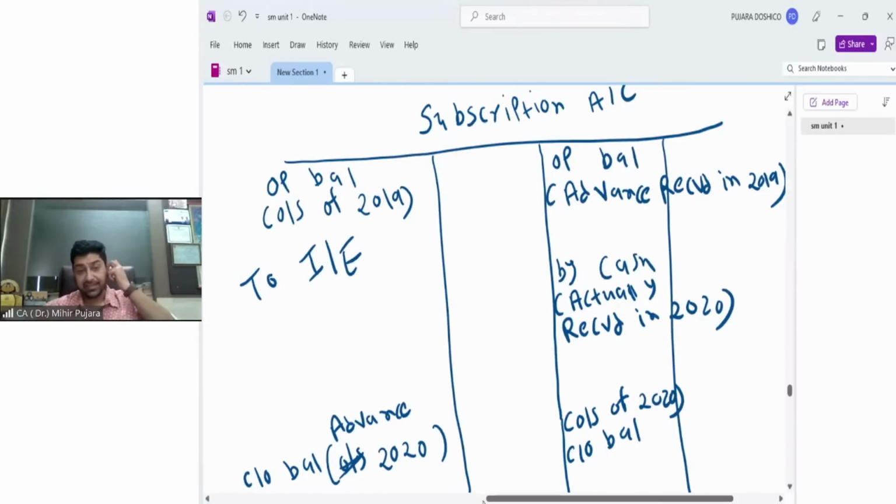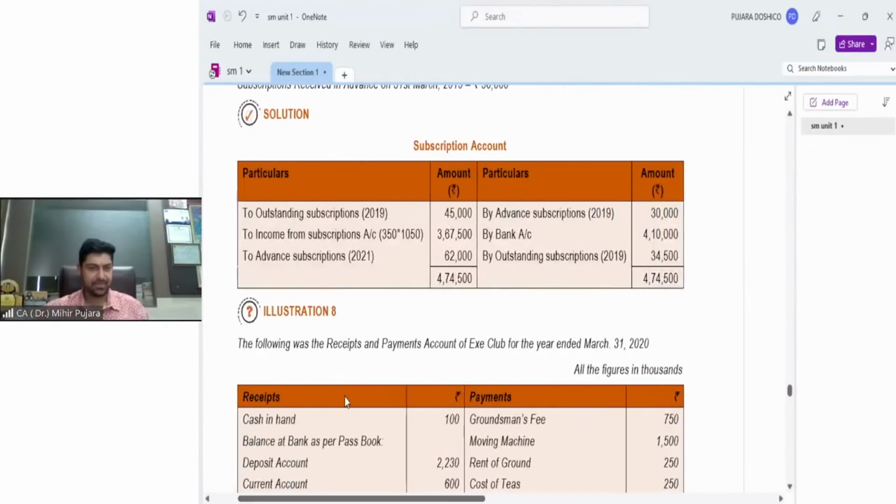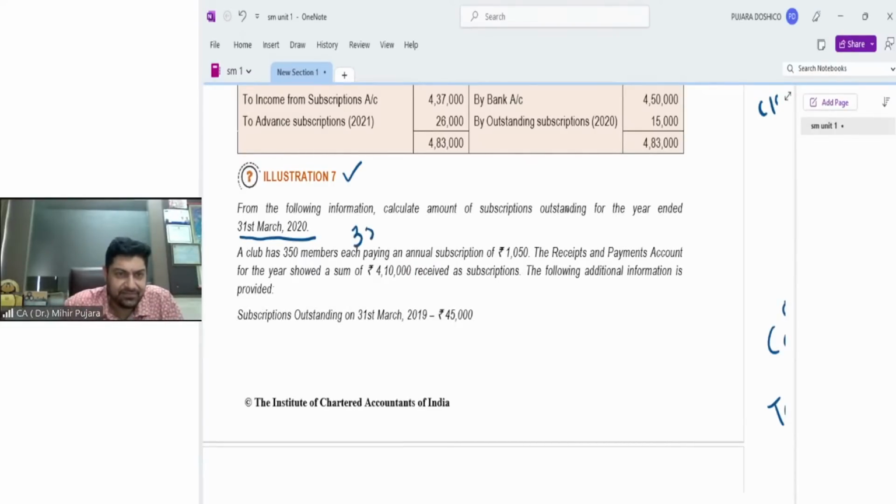Okay, start with the first sentence. A club has 350 members, each paying annual subscription of 1050. So guys, if it is said that very clearly, then remember carefully, there are 350 members, each paying 1050 per annum.